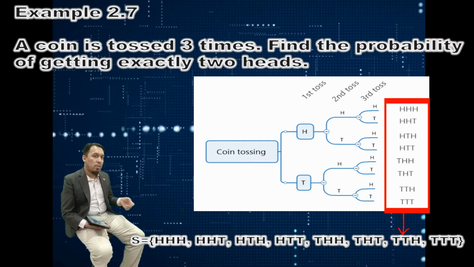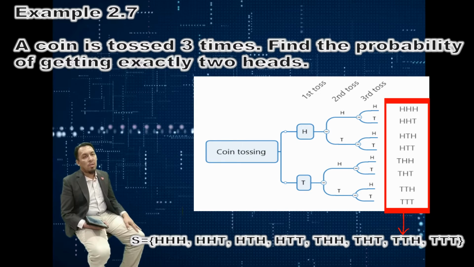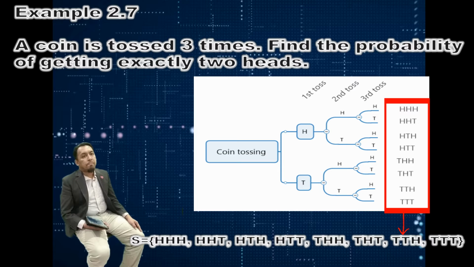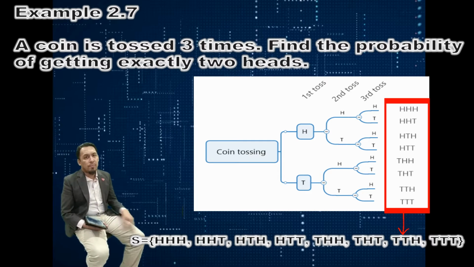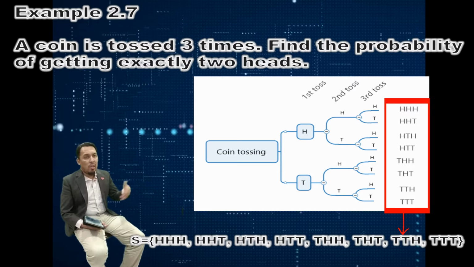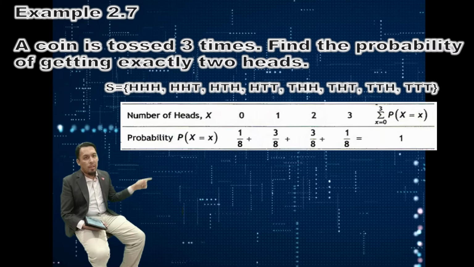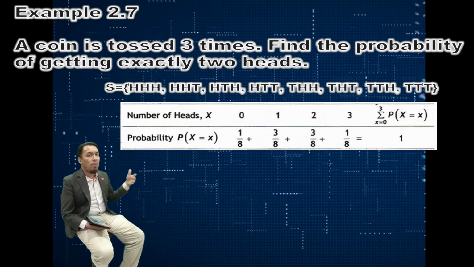Let's go back to the question. They want us to find the probability of getting 2 heads. So look at the sample space, and let's create a probability distribution table like this. We have the probability of the number of heads.